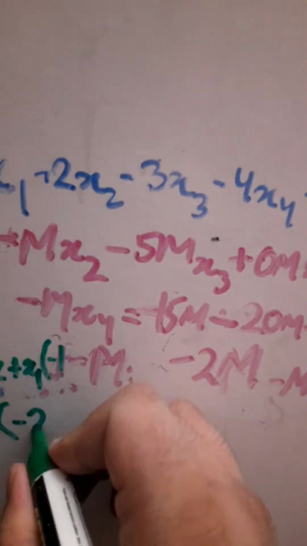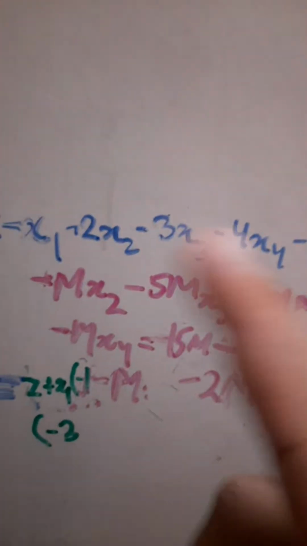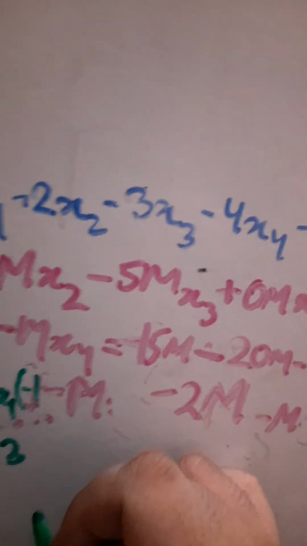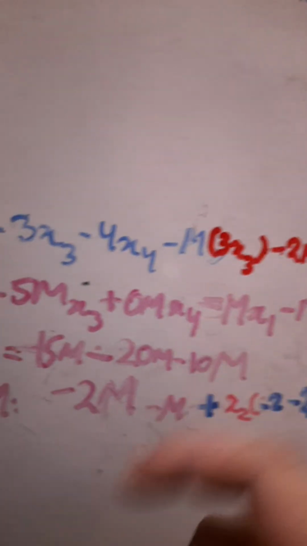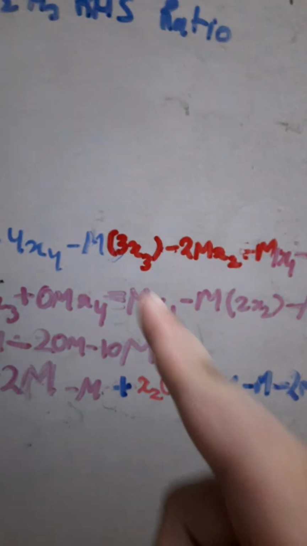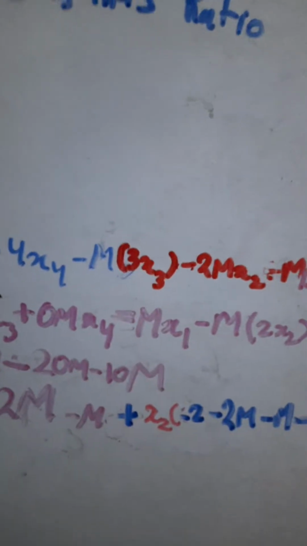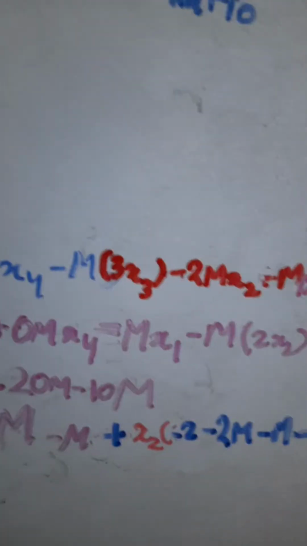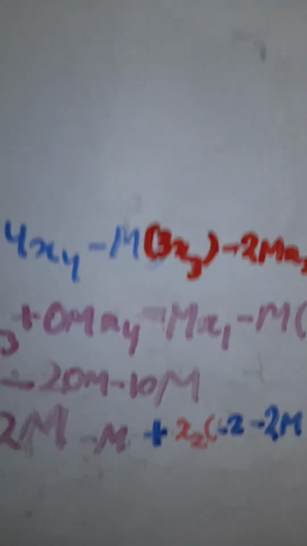For x3 we have minus 3 x3, so minus 3 because x removed, then minus 3m x3, m is multiplied inside, so x3 removed, minus 3m remains.